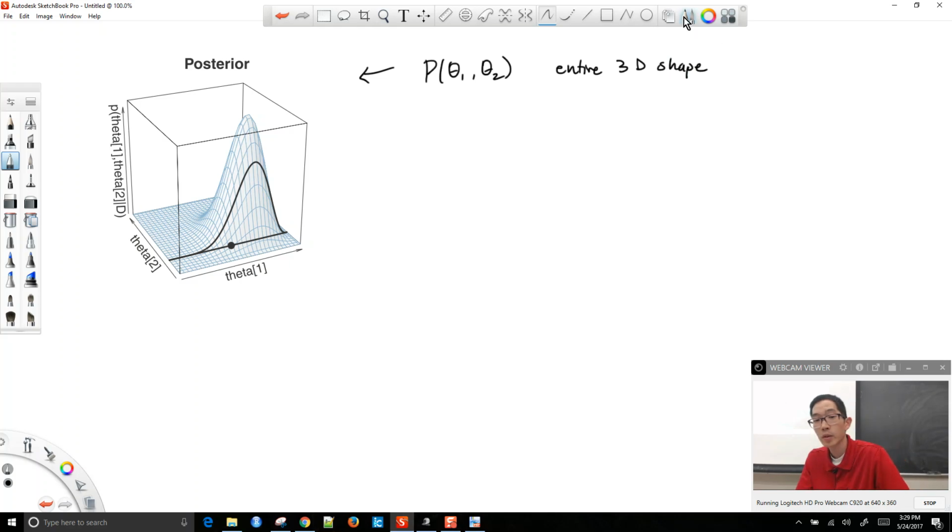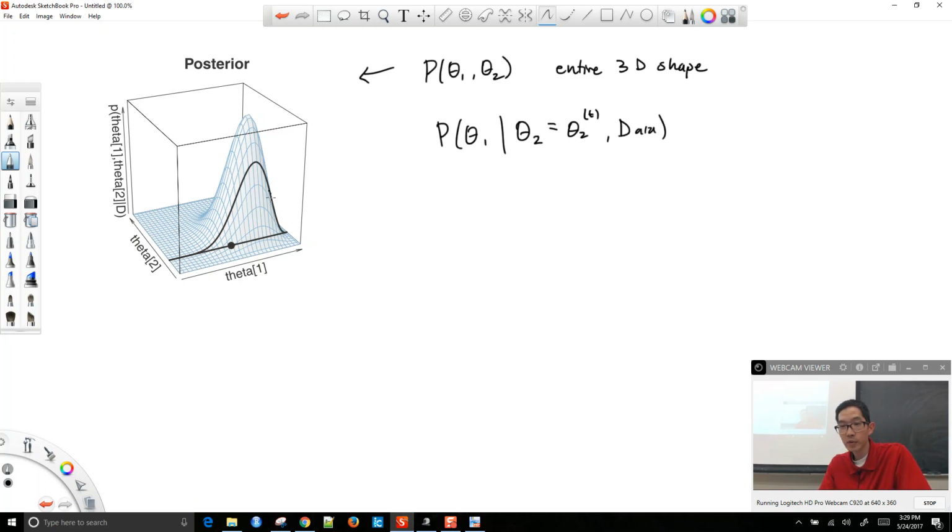Okay, what we do is when we condition, we say theta 1 given theta 2 is equal to some value. And technically the data is in here also, right? This is our posterior, our entire 3D shape, given the data.